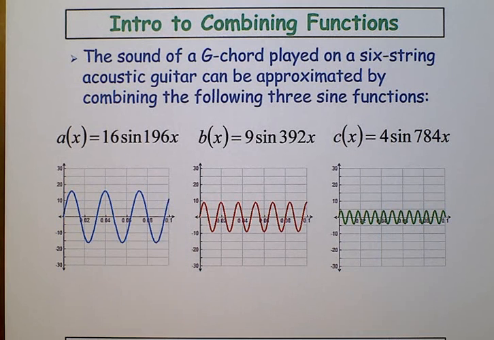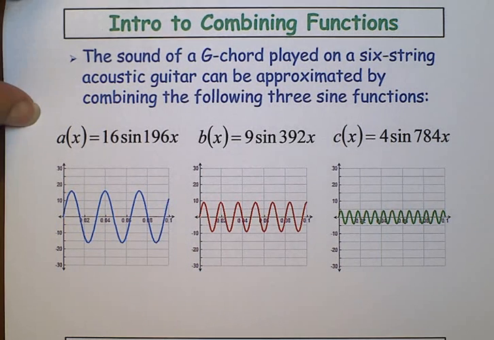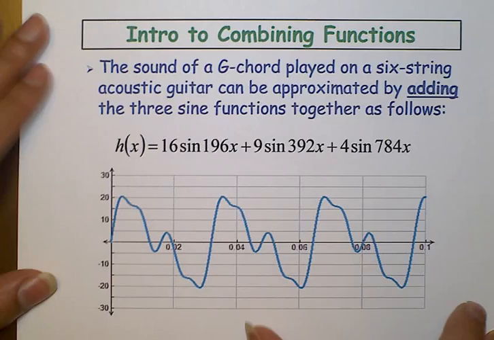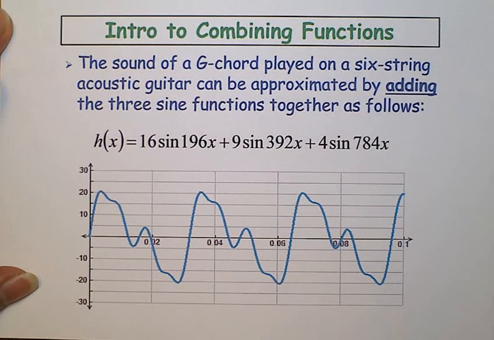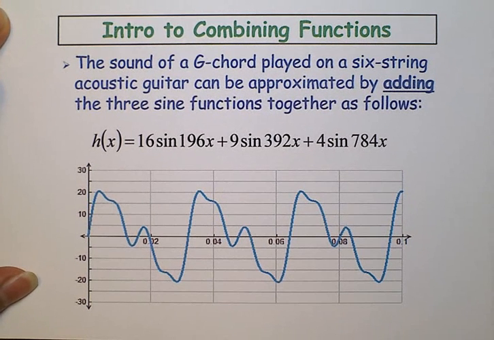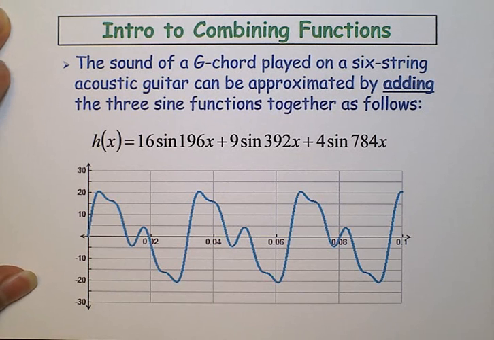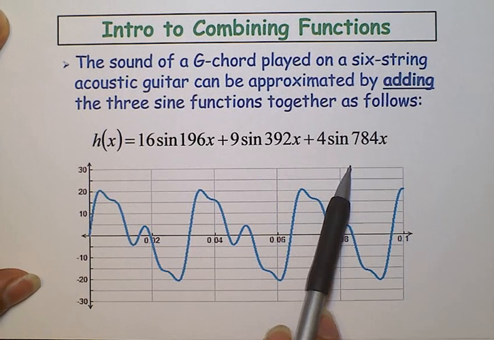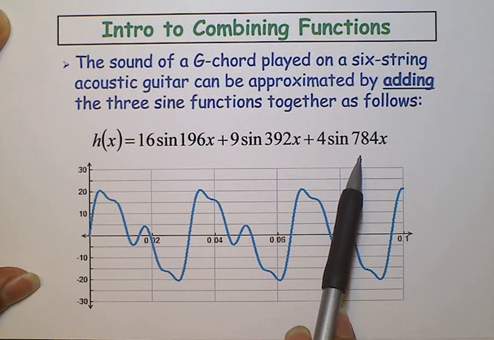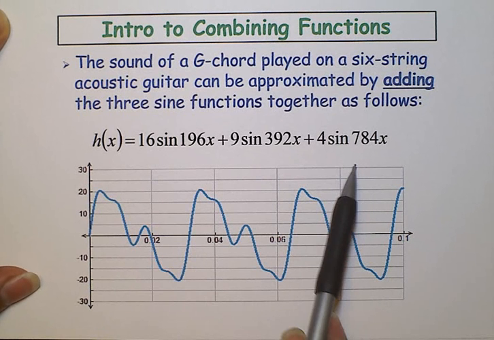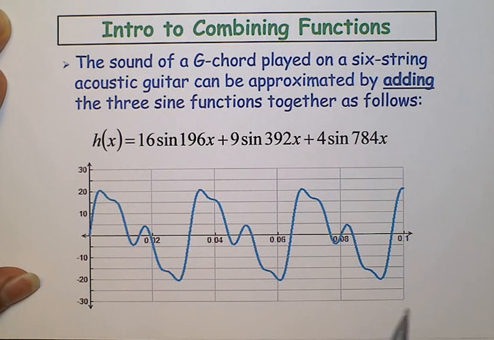So in order to make the sound of a G chord played on a 6-string guitar, the sound is actually approximated by adding the 3 sine functions together as follows. If I take these 3 functions, the ones that we saw the individual graphs of earlier, you end up getting a function that looks like this. Okay?